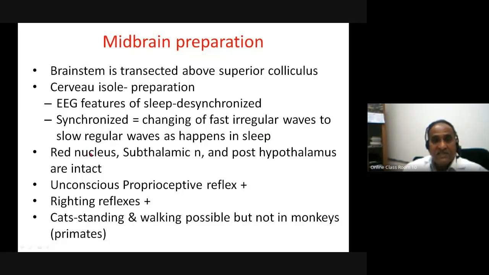I've already mentioned the red nucleus, subthalamic nucleus, and posterior part of the hypothalamus are intact in this preparation. In addition, in these preparations, the unconscious proprioceptive reflexes persist. Righting reflexes remain. The cats can stand and walk.